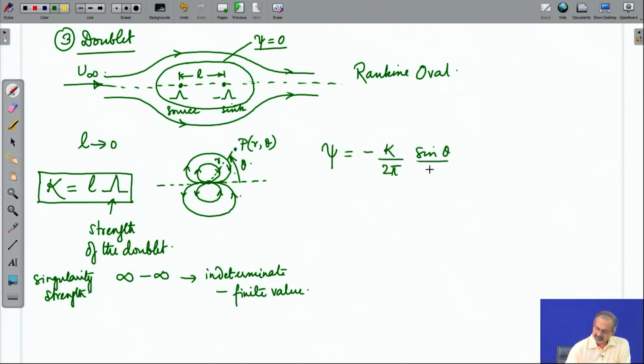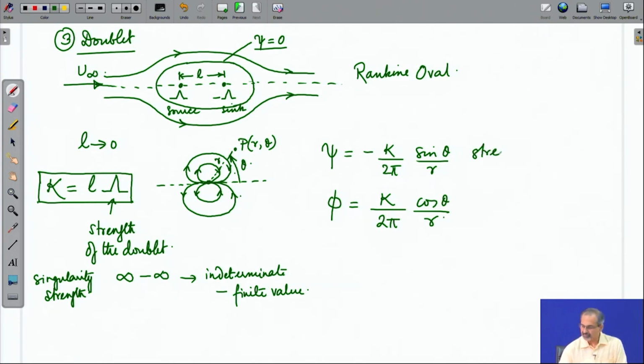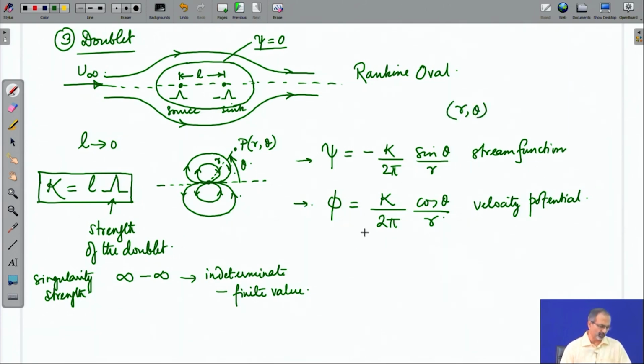As a function of r, theta, you can express the stream function and the velocity potential, not the vorticity, but the velocity potential. So, this is the stream function, this is the velocity potential. We are not proving them here, but I would encourage you to explore further as homework how you can derive these, because you already have the basic concepts. Remember that you have to work in r, theta coordinates, cylindrical polar coordinates.